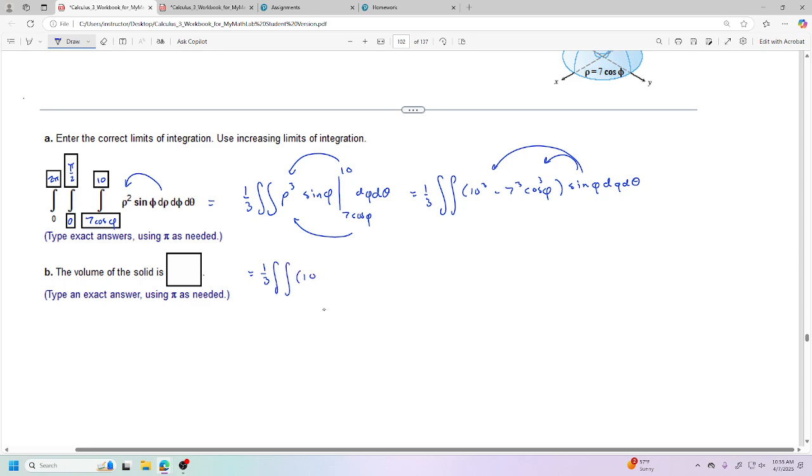So I've got 1,000 sine phi, and I think that's 343 cosine cubed sine d phi d theta. So already, I'm avoiding my mistake.